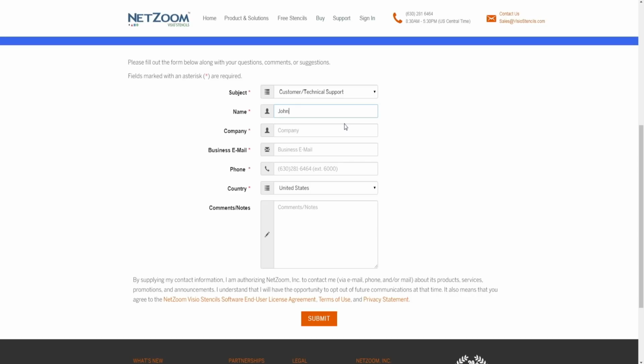What it meant was I saved production and saved completing that diagram from perhaps several days of frustration to less than an hour, with the response I received from the NetZoom Visio Stencil team.